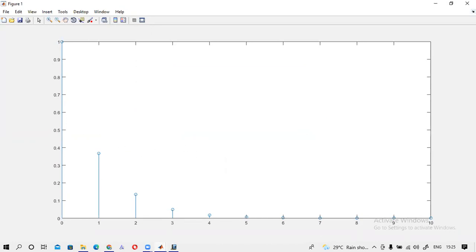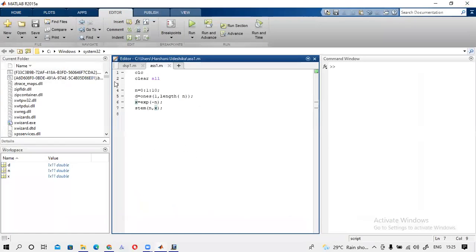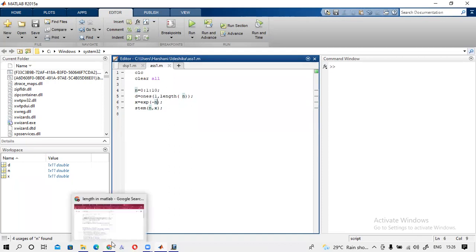This plot is okay. So like this you can plot any discrete value using a weight, and that weight is directly related with the sample point. I think it is okay.